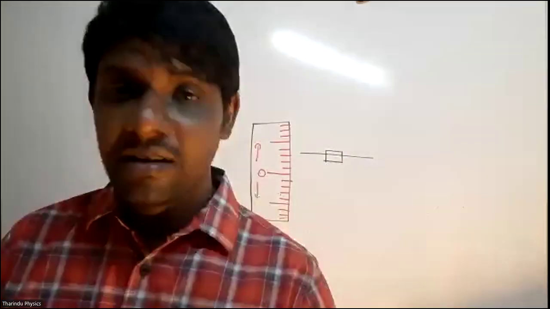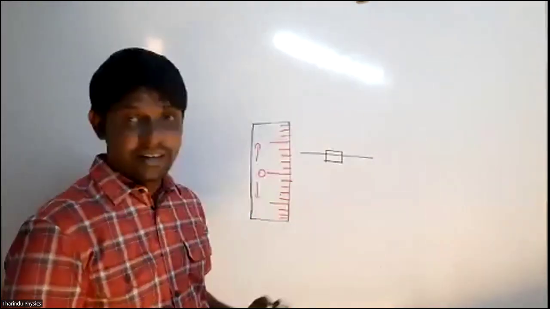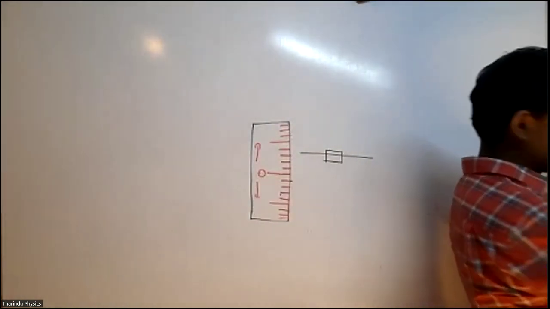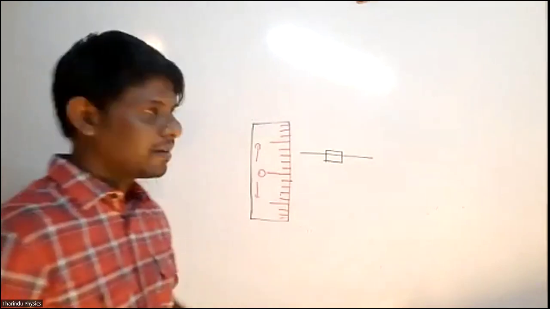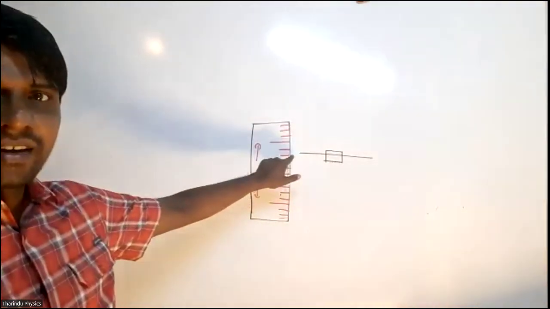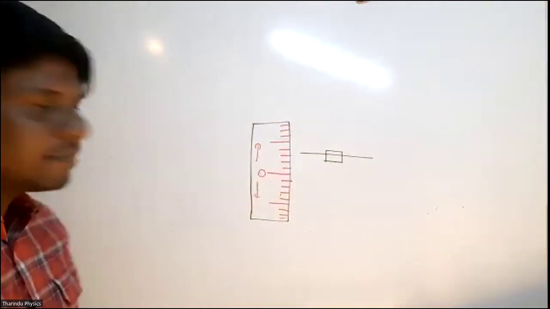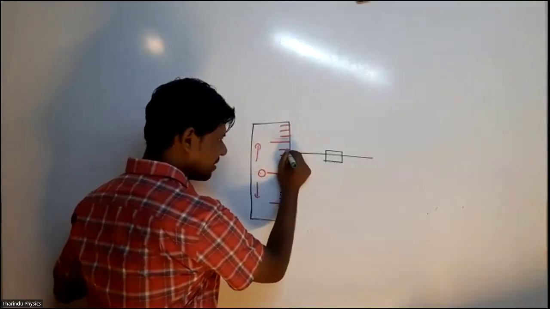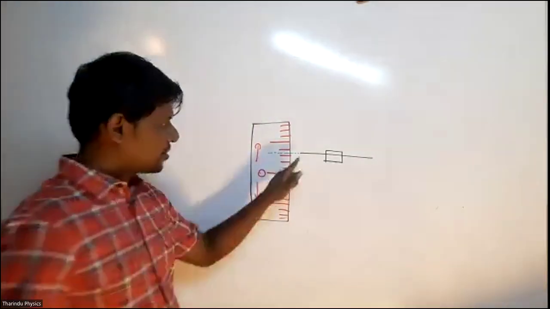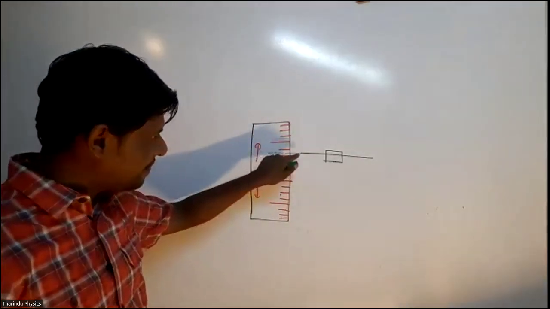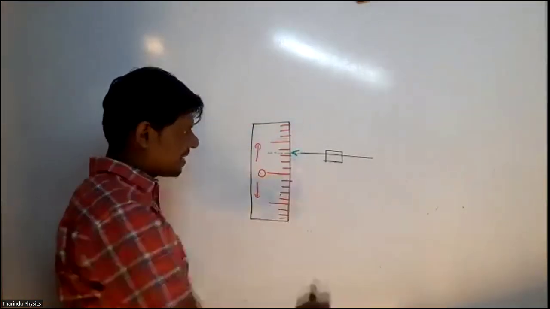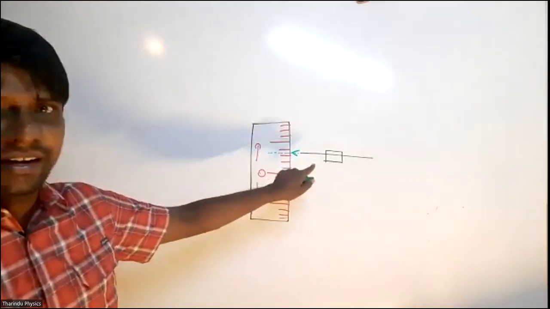Circular scale acts as the indicator. So it shows the direction of the main scale reading as an indicator.